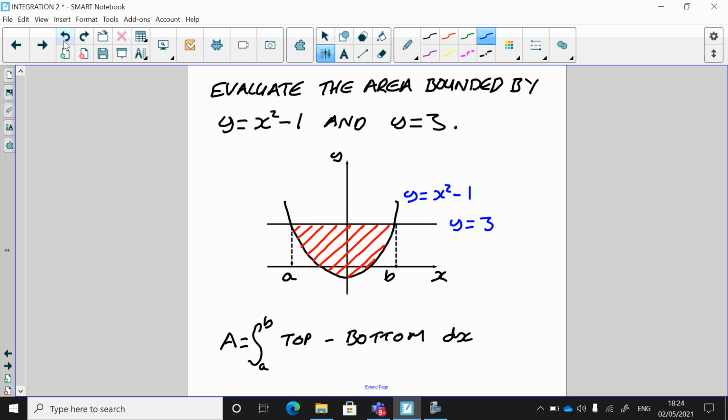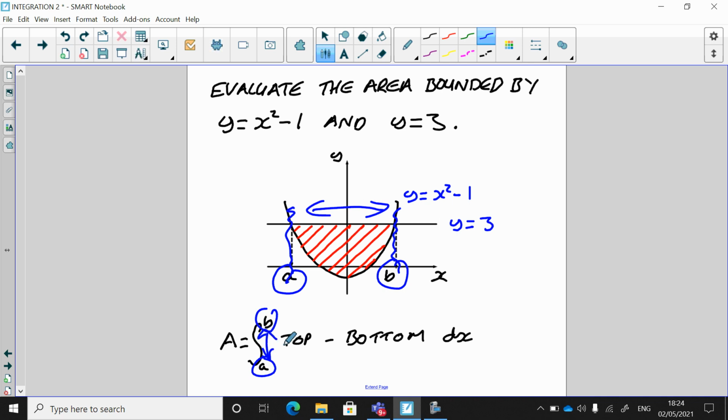So I'm just giving you a wee bit of time here to think about what's involved here. So A and B, that's the extreme left and right of the region. That's where we get these from.